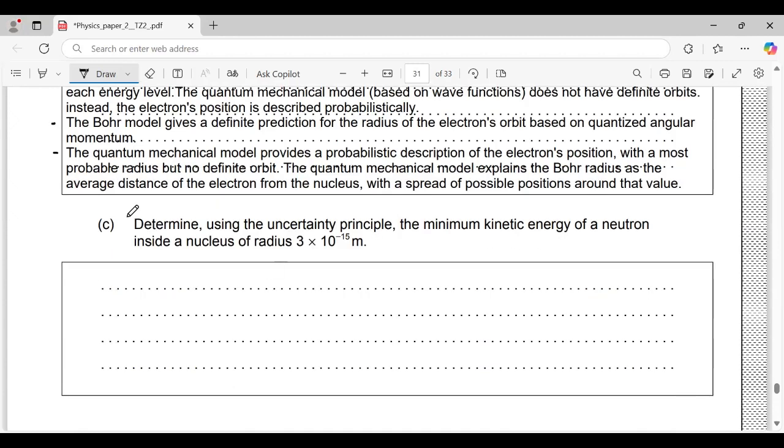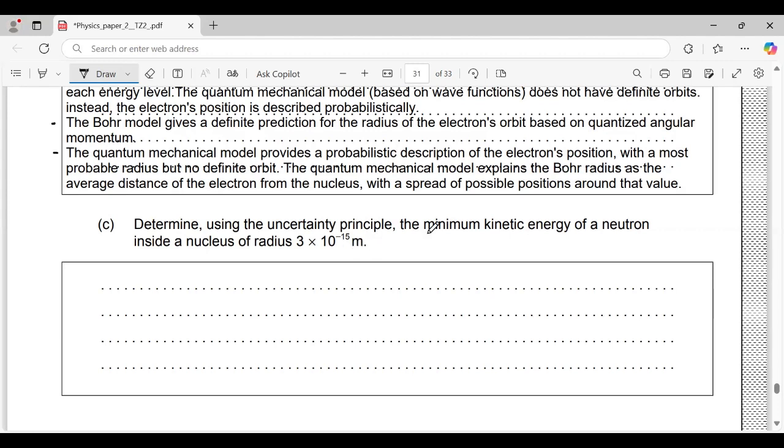Next. Determine, using the uncertainty principle, the minimum kinetic energy of a neutron inside a nucleus of radius 3 times 10 power minus 15 meters. We are going to use the Heisenberg uncertainty principle.